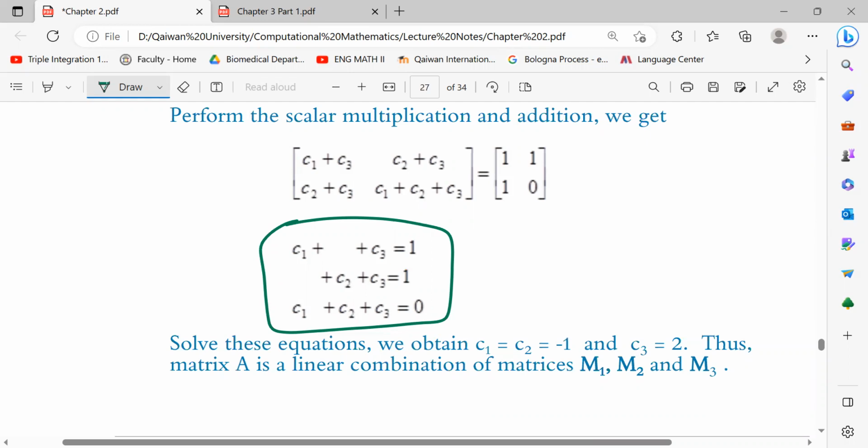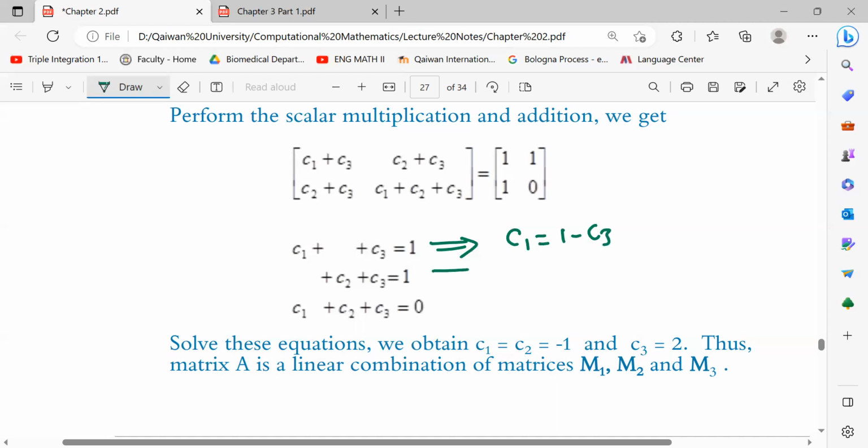And also, you can use substitution. For example, from the first equation, we get C1 is 1 minus C3. From the second equation, write down all in terms of C3, sorry.